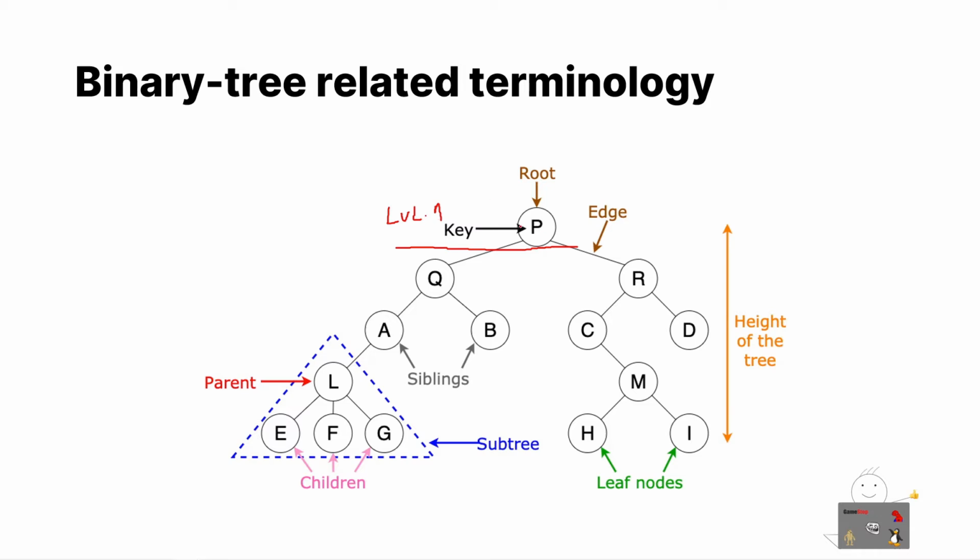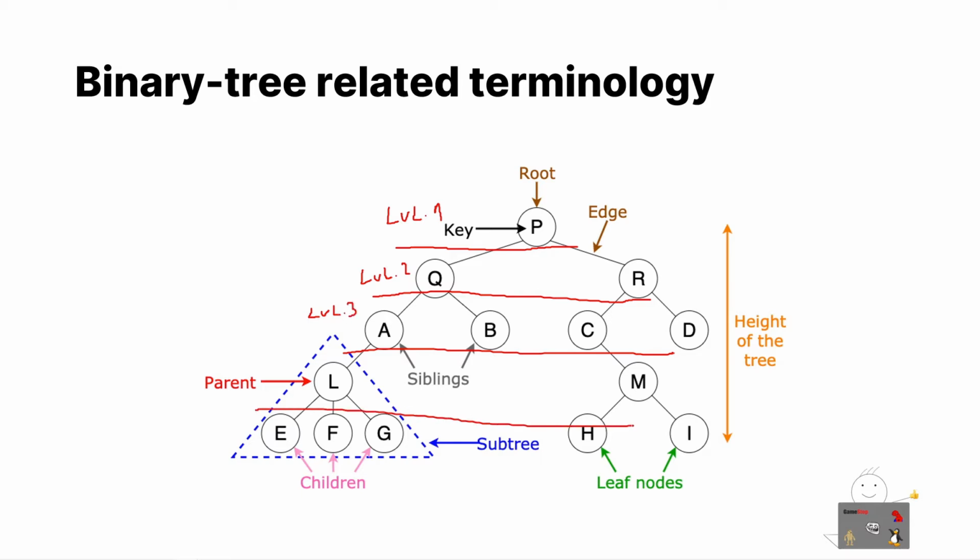So again, assuming that the root node is at level 1, the children of the root are at level 2. The grandchildren of the root, so the children of Q and R, would then lay at level 3. And so on and so on.